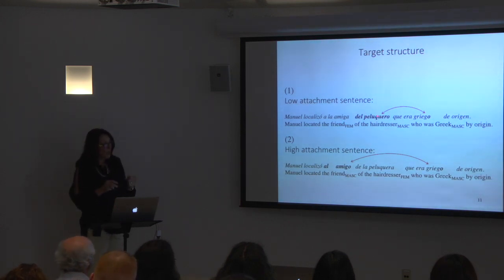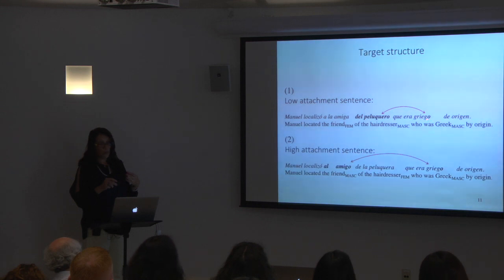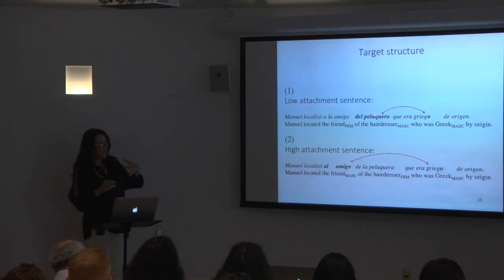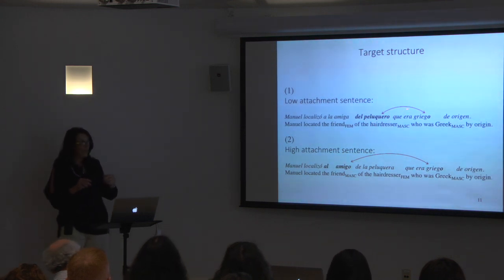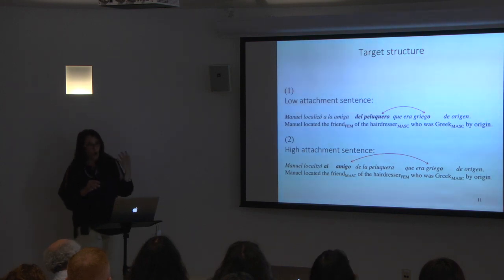And so what we see here is that because peluquero, hairdresser, is masculine, the only way to interpret this adjective correctly, if you are a person that typically interprets these adjectives as referring to that noun, would be to link these two together. All right, so what we say here is that these sentences are disambiguated in favor of low attachment, because the only interpretation that is correct is one in which Greek, which is masculine, refers to peluquero, which is masculine.